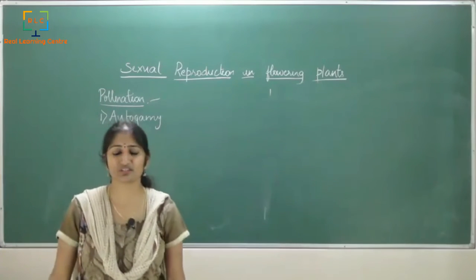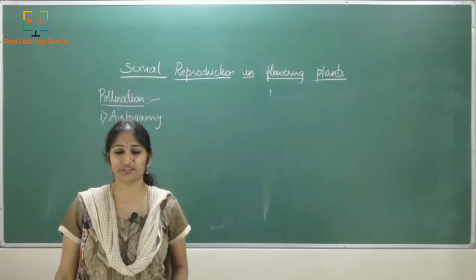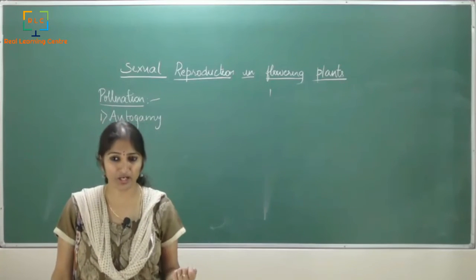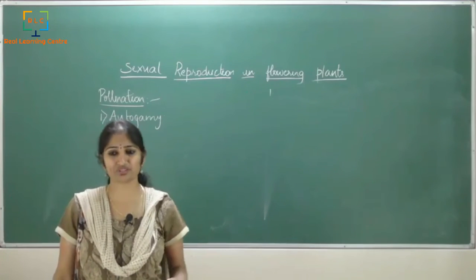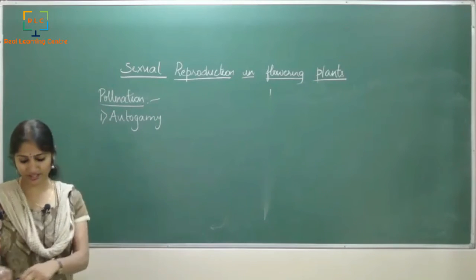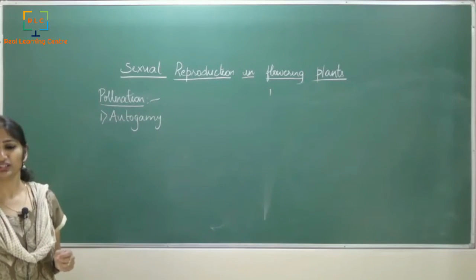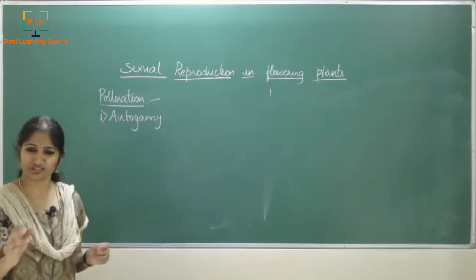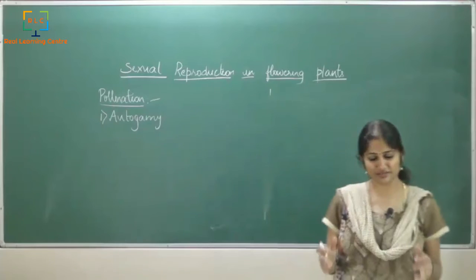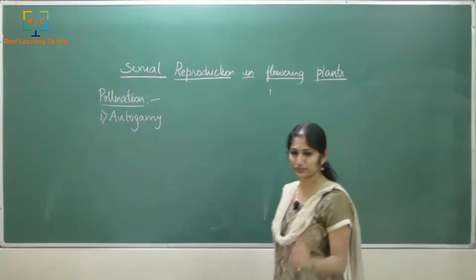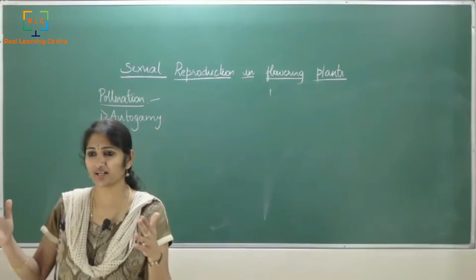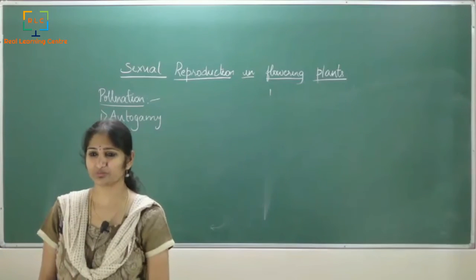So there has to be synchrony in the release of pollen, in the development of female gametophyte, in the development of the stigma, and all this should be in some kind of synchrony. So you see that this kind of autogamy can happen only in those plants where the flowers are basically small and the pollen grain and the stigma are very close to each other.